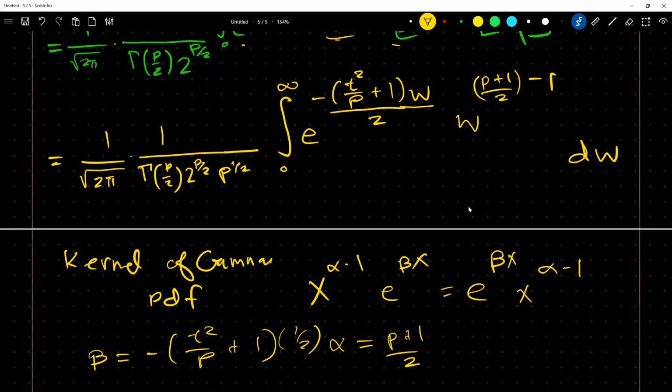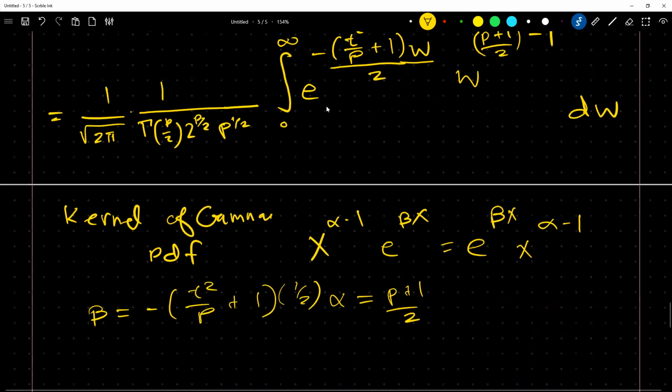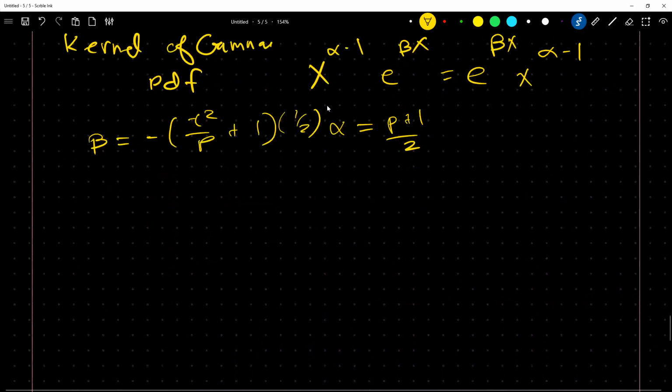Okay, so now what it means is that we can replace this integral here as such to get the final product. It's going to look like this. Maybe I'll write it in green.